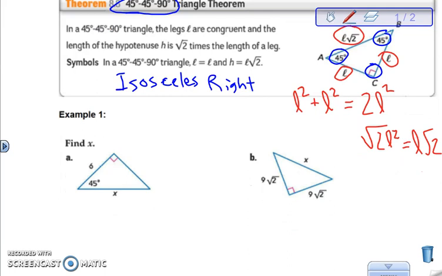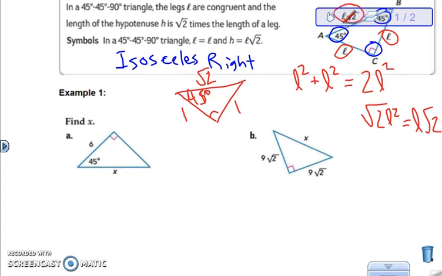If you don't like looking at it with the variables, just remember that your base 45-degree right triangle has the sides of 1, 1, and square root of 2. From here we can use proportions to solve for missing sides in these triangles. So if I'm looking at my first example, I notice that I need to find the value of x.